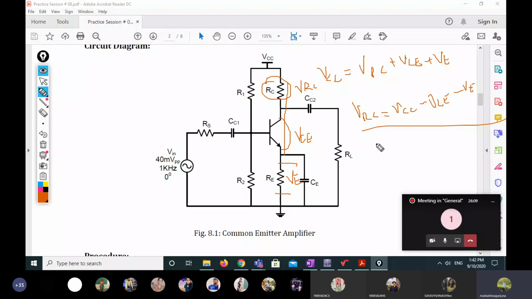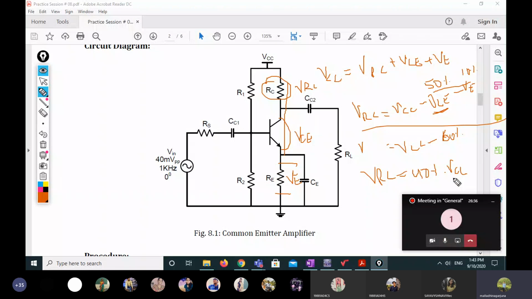Otherwise, you can write one more thing. Anyway, VCE is VCC by 2, means this is 50% of VCC. This is 50% and this is 10%. Total 60%. So VCC minus 60% of VCC, you get VRC equal to 40% of VCC. Like this also you can write, no issue.